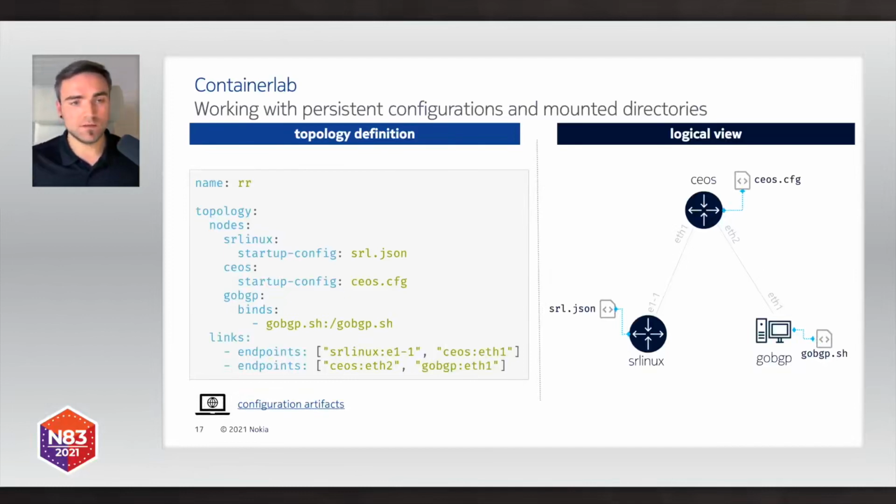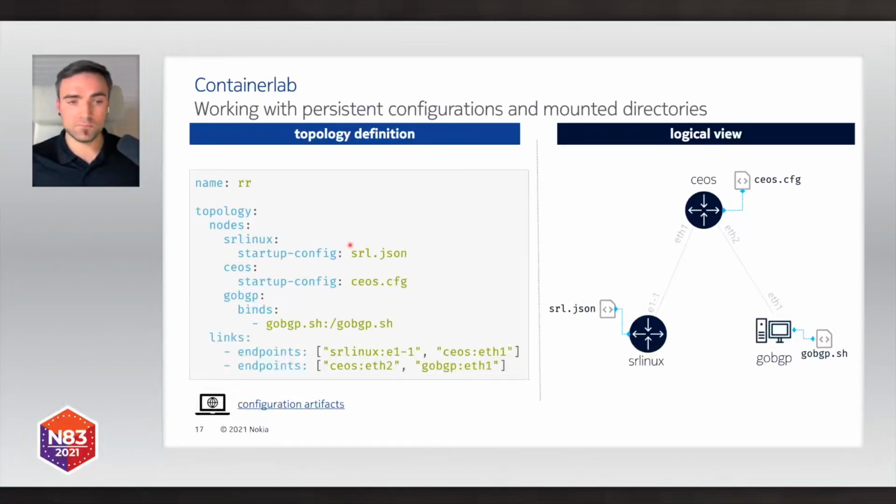So take a look at the left-hand side where I have the startup config command given under the SR Linux and CEOS containers. What it means is that these nodes will take those files, which should be available on your machine, and they will use them as a startup config.